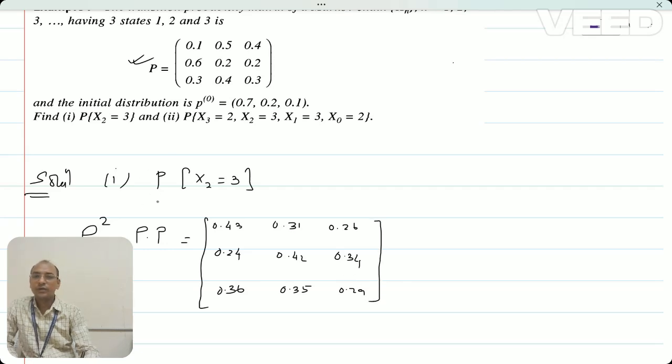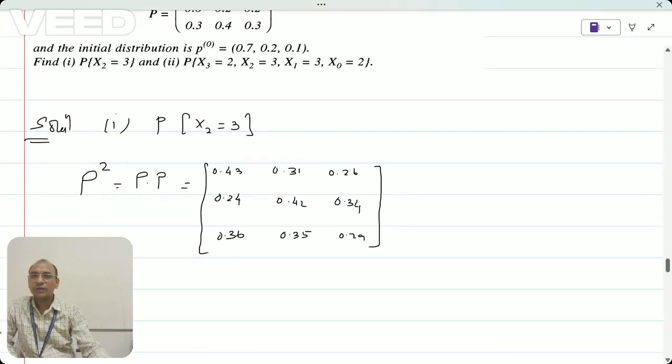Now after the second step, my transition probability will be this. So now in order to find the probability of X2 equal to 3, I rewrite that in the form X2 equal to 3 given X0 equal to i, where i is the present state. So this is equivalent to saying summation.